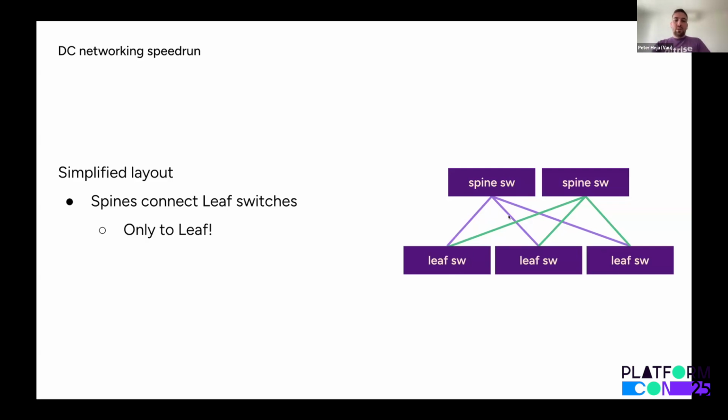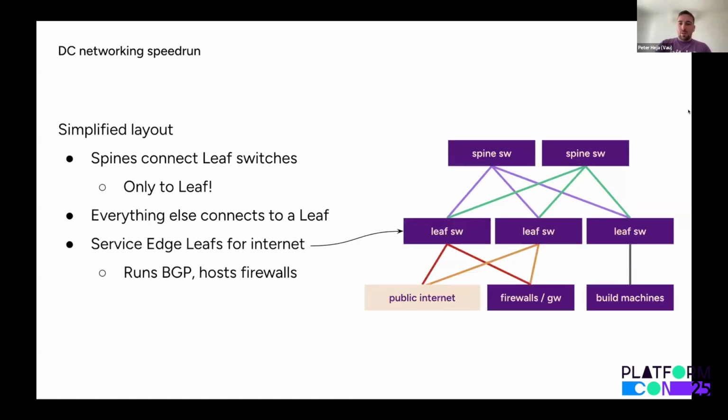If you need that, usually you are good with 2 to 3. The interesting bit here is that every end device is connected to leaf switches, including our transit carriers. So our transit carriers are connected to leaf switches as well.